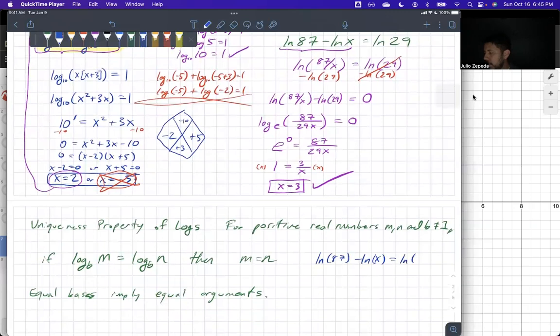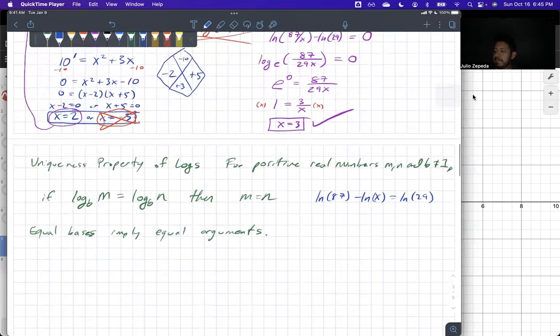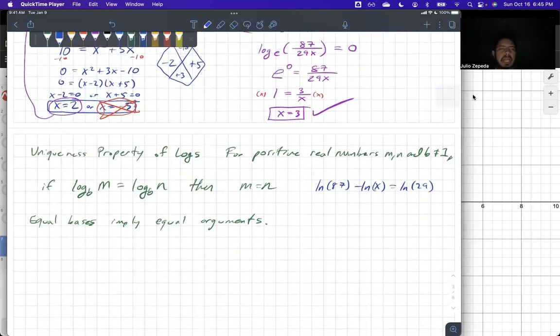It's mentioned in the textbook and it's called the uniqueness property of logs. It says, basically, if you have 2 logs that are set equal to each other in an equation, and they have the same base, then their arguments must be equal to each other. M must equal N.